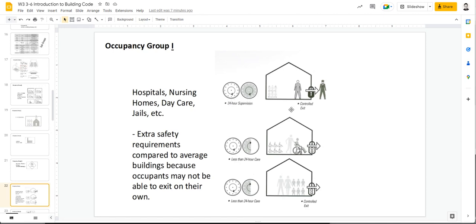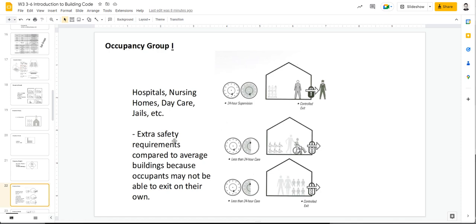So jails or hospitals are built differently because people can't get out by themselves. In a hospital, those people in bed cannot get out by themselves. They have to be assisted to get out. So it's built differently than our cafe.